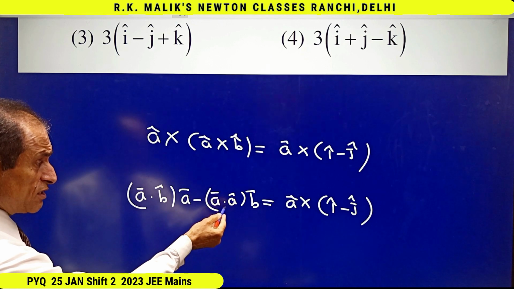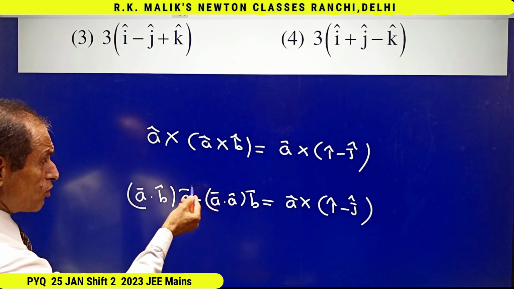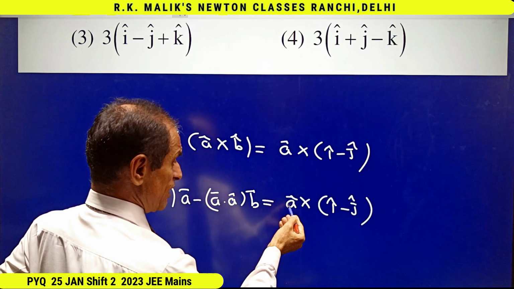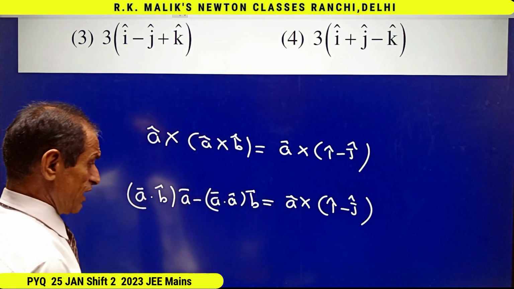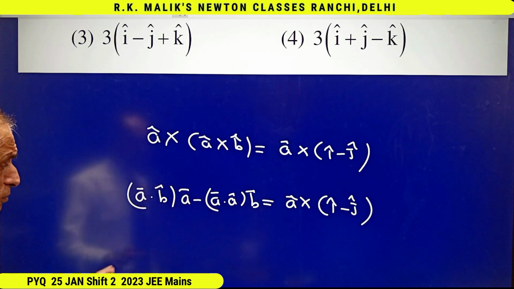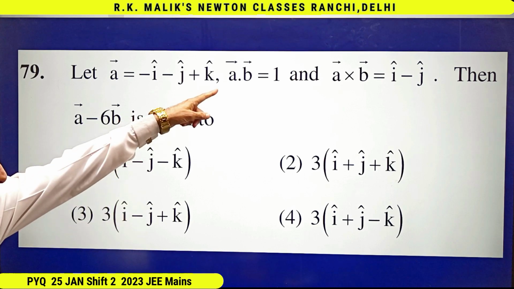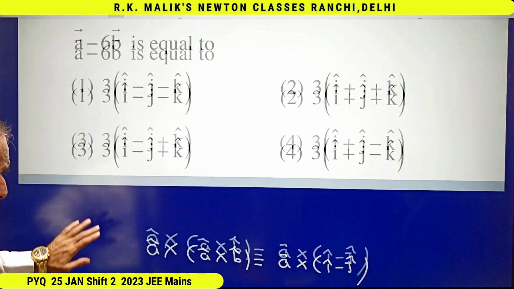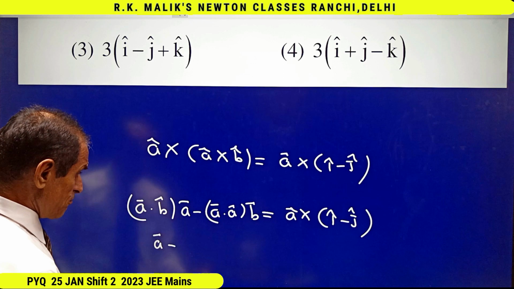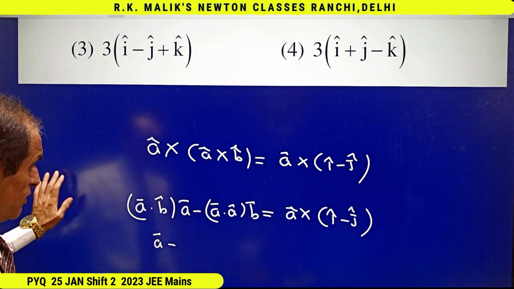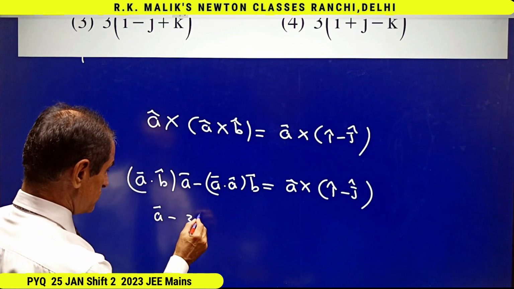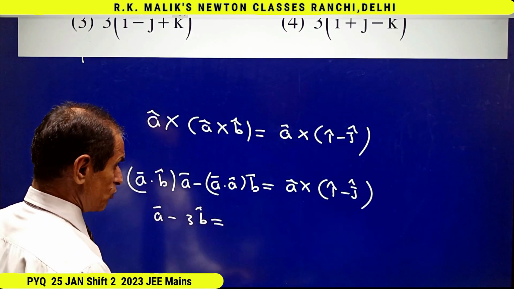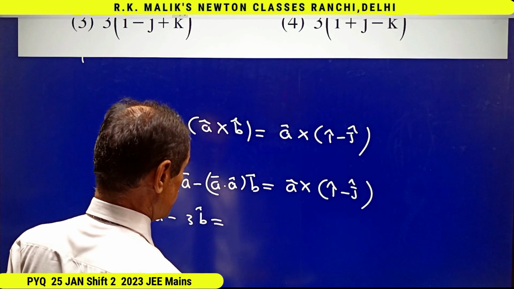A dot A is very easy to calculate because vector A is known to me, and after putting all the values, I will get the value of vector B. As it is given that A dot B is 1, hence I get A minus, now A dot A, clearly A dot A will be 3. That is, I get 3B equal to A cross I minus j.